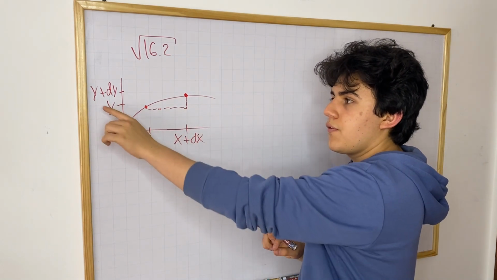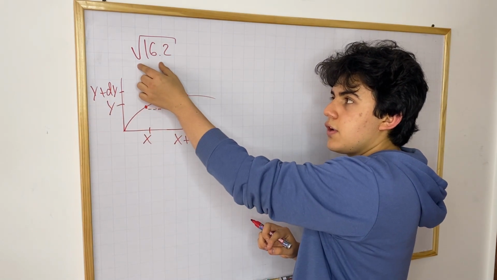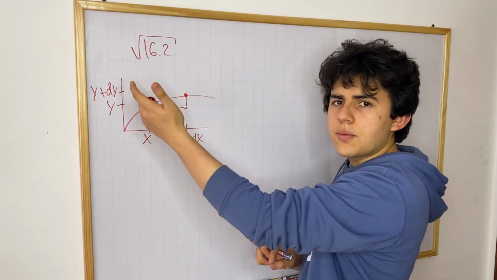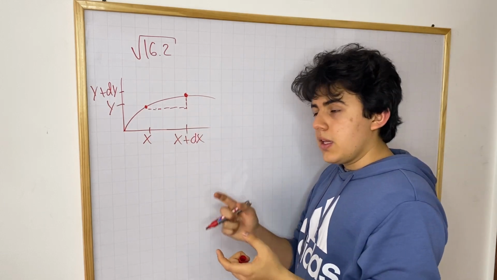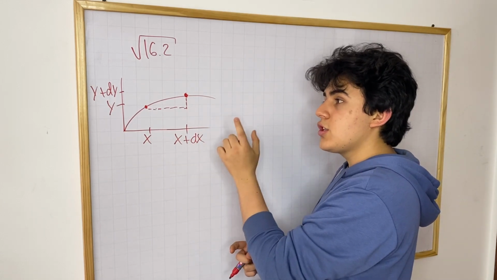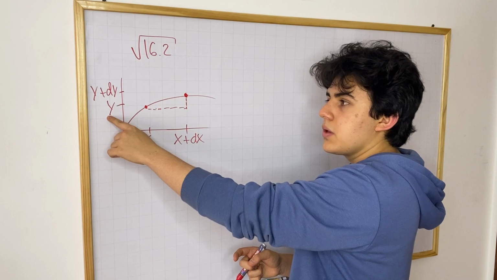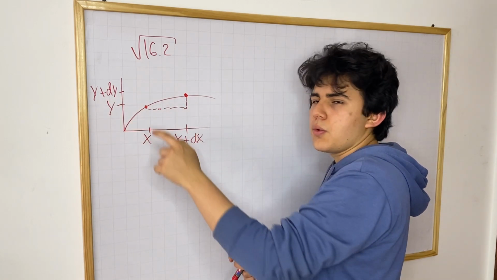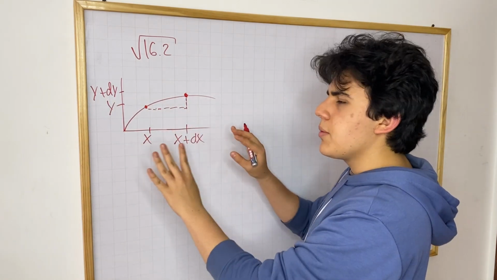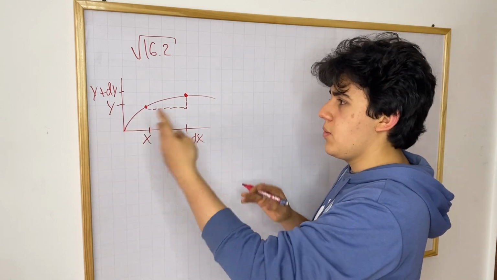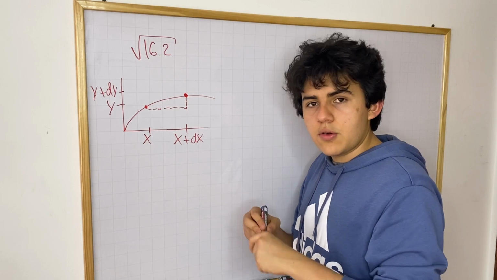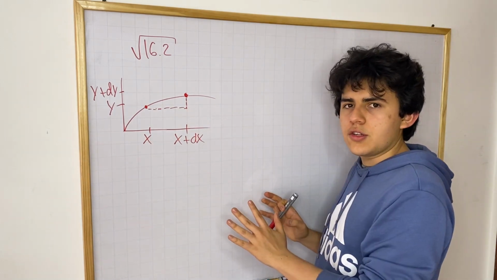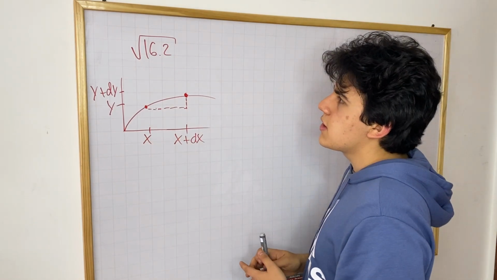This function is the square root of x, so if you want to find how much x plus a very small value, that is x plus dx, is when you evaluate it at y, you're going to have to find y plus dy. I'm just trying to give you some intuition into the geometric picture of using differentials to compute linear approximations. Now I'm going to jump to the algebra, which hopefully makes more sense.